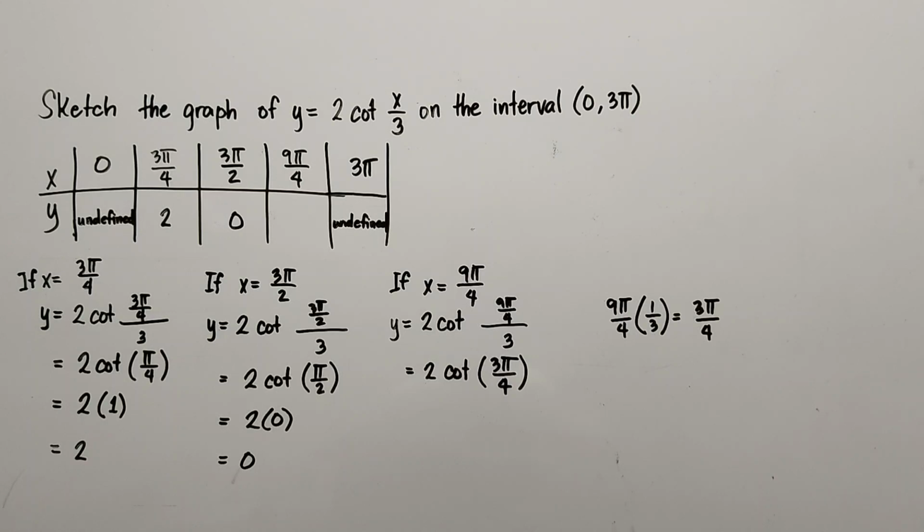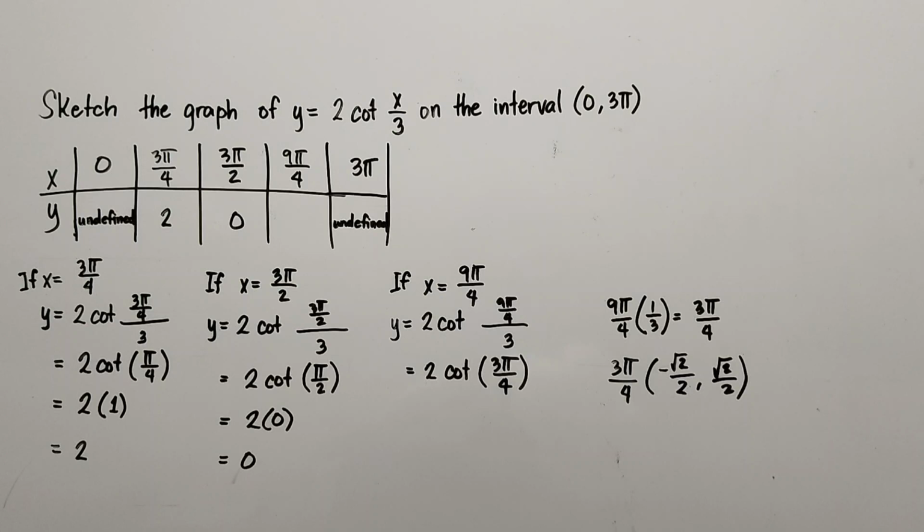For our third value of x, 9 pi over 4, by substituting, that is the result. And 9 pi over 4 divided by 3 is equal to 3 pi over 4. The new equation now is y equals 2 cot of 3 pi over 4. We will now get the coordinate of 3 pi over 4. 3 pi over 4 is in quadrant 2, and the coordinate is negative square root of 2 over 2 and square root of 2 over 2.